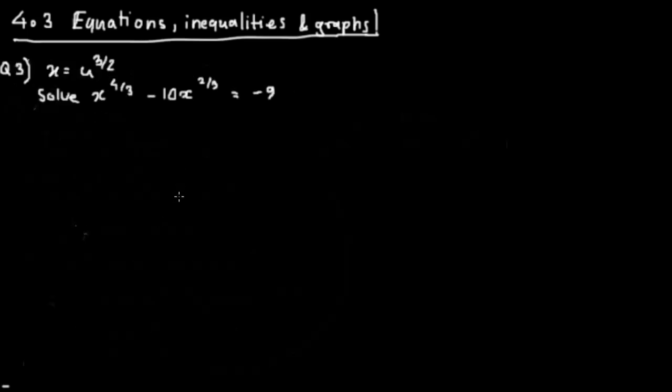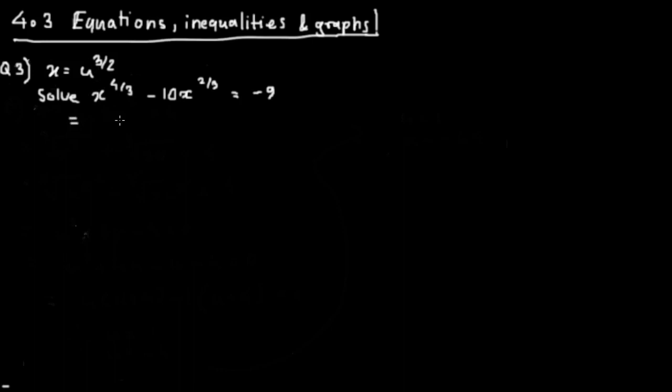Okay, so this is the next one. This looks the most intimidating out of all of them. So x is equal to u to the power of 3 over 2. So solve x to the power of 4 over 3 minus 10x to the power of 2 over 3 equals minus 9. So from here, what we can do is we can try to not be scared by this. Don't be scared.